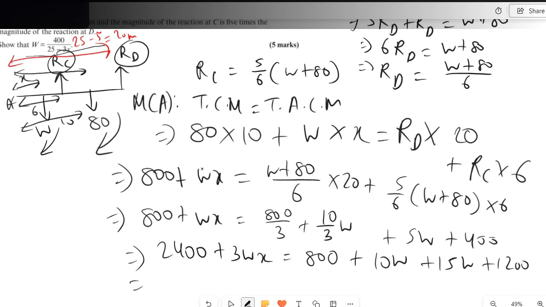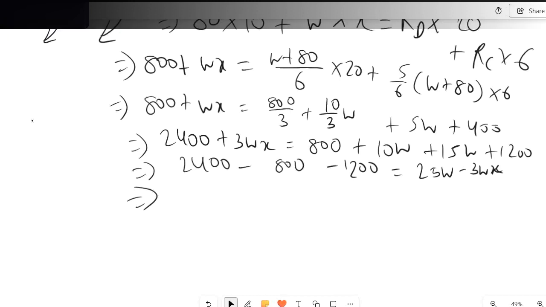And now gathering all of them in one place, we have 2400 minus 800 minus 1200 being equal to 25W minus 3WX. So on the left hand side we have 2400 minus 800 minus 1200, which is going to be 400, being equal to 25W minus 3WX.